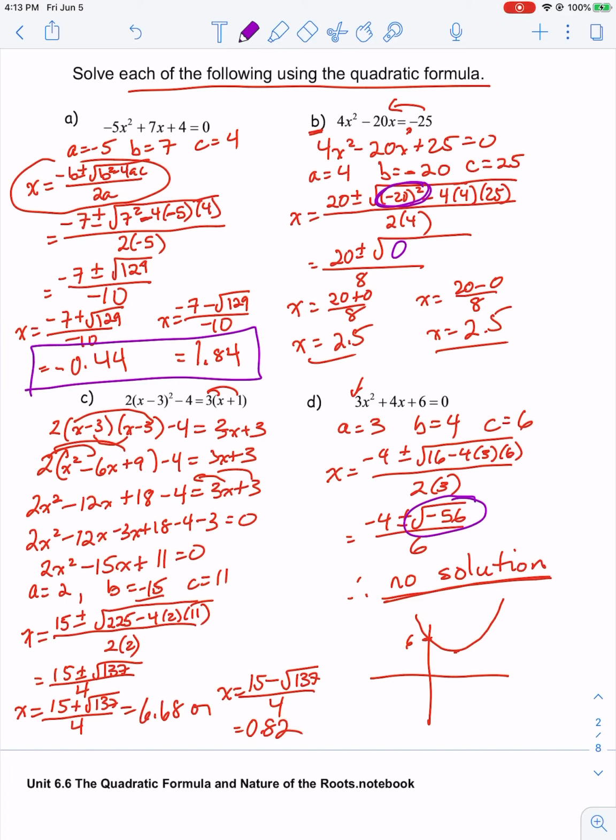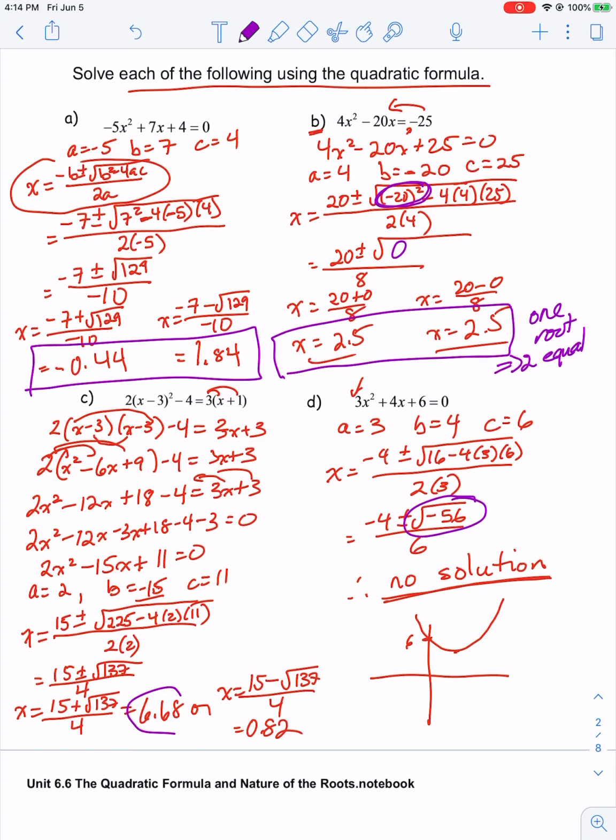They are irrational numbers because the square root of 129 is an irrational number, but that's still a real number. This one here, you can see that there's actually only one root, and it is 2.5. Or sometimes we say that that is two equal roots.